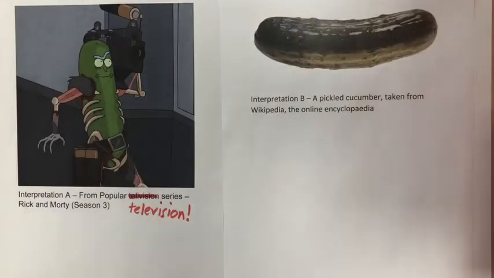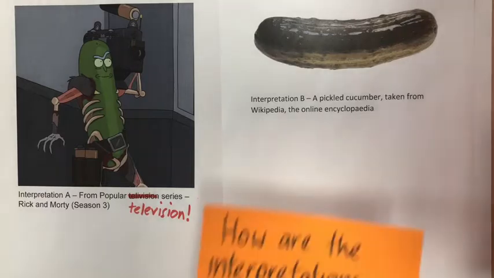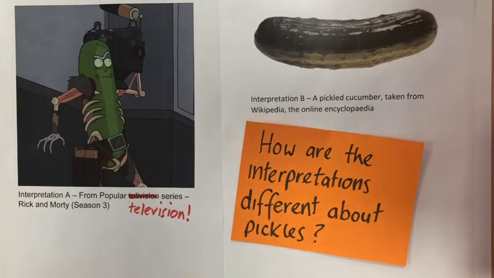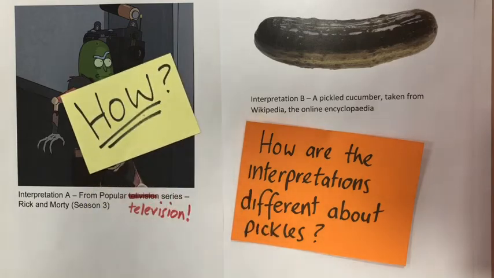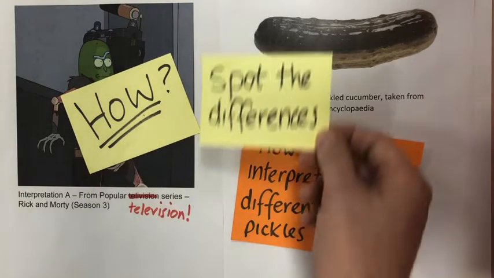In question 1, I'm given 2 interpretations. You can see both interpretations are based around pickles. The question for this will be something along the lines of, how are the interpretations different about pickles? The key thing with this question is it is asking you how they're different, which means you need to spot the differences.